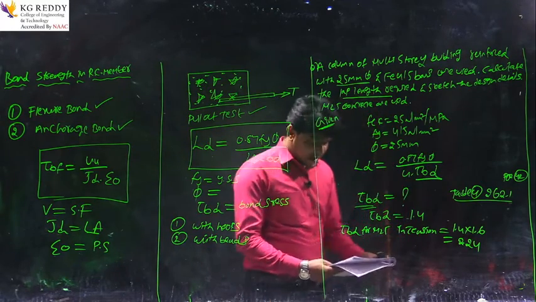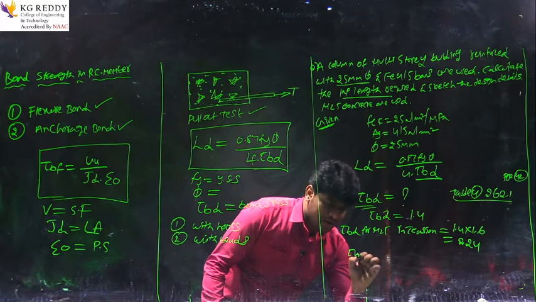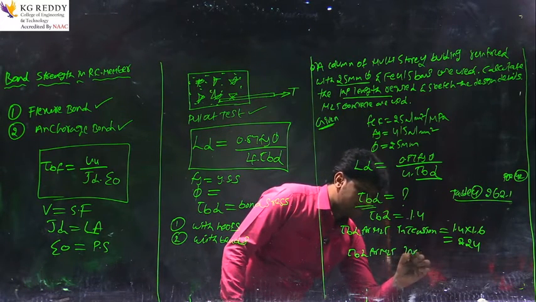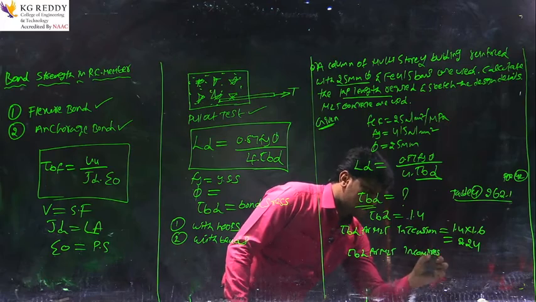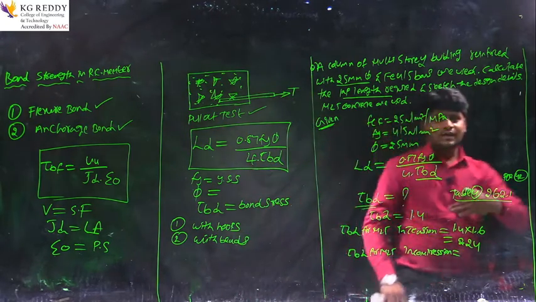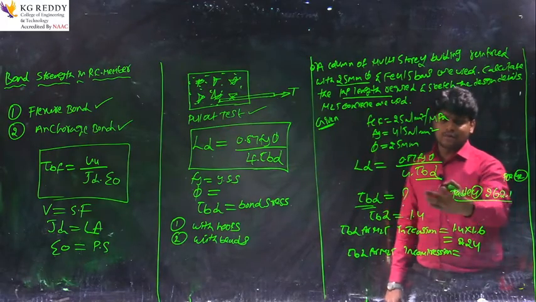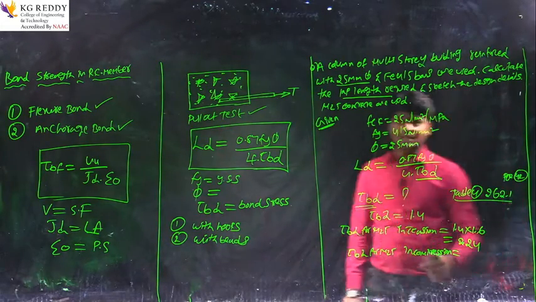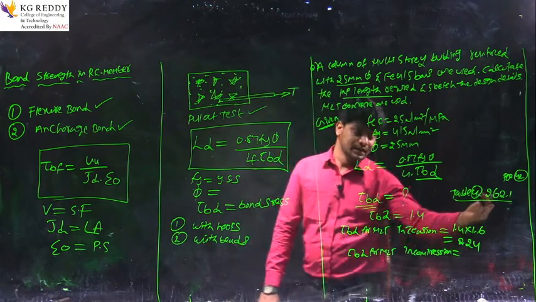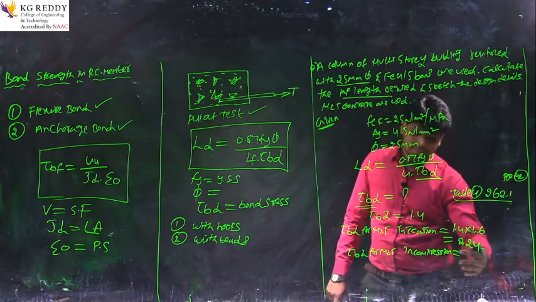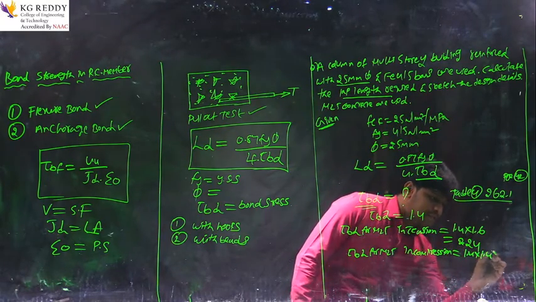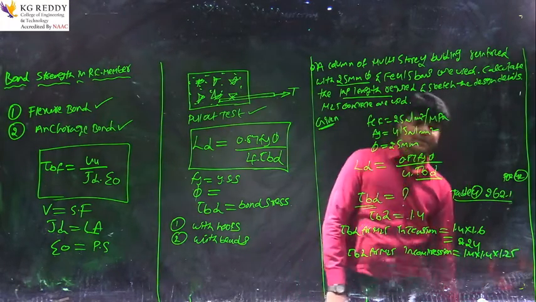Again, we can calculate the tau_bd value for M25 grade of concrete in compression. In tension we multiply with 1.6. As per the code book IS 456:2000, for compression members it is multiplied by 1.25 as well: 1.4 into 1.6 into 1.25. Why 1.25?